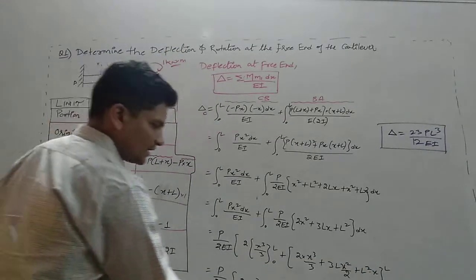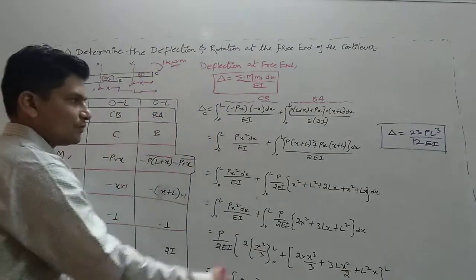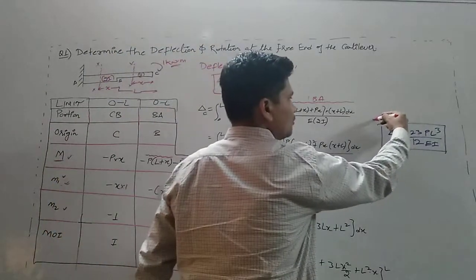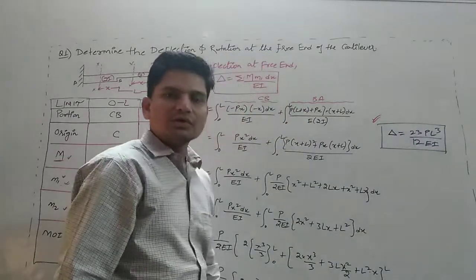After solving by considering the LCM, we get delta equals 23 P L cube upon 12 EI.